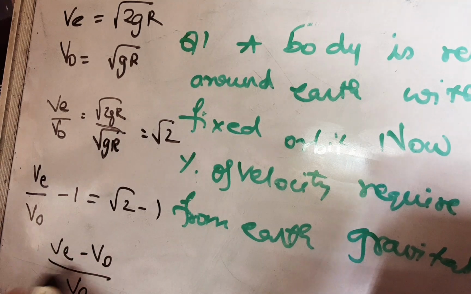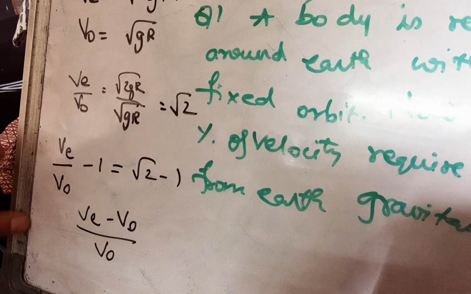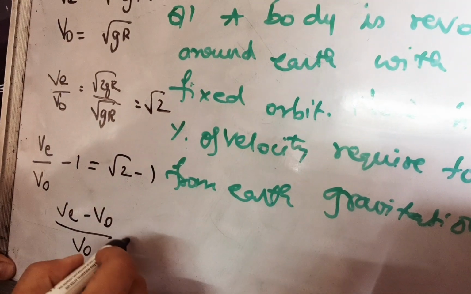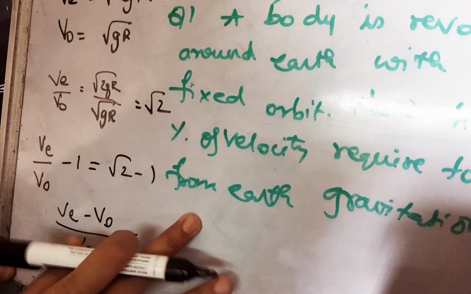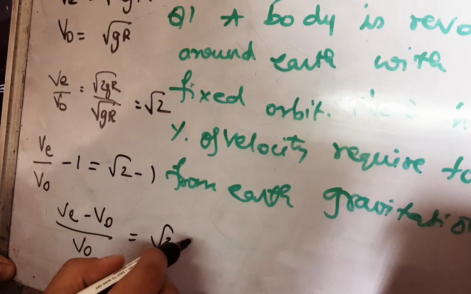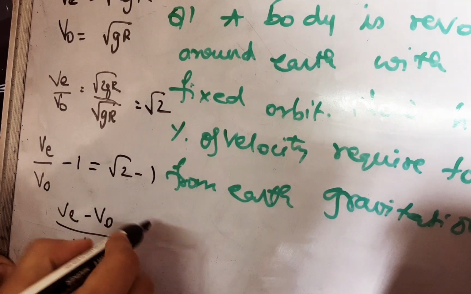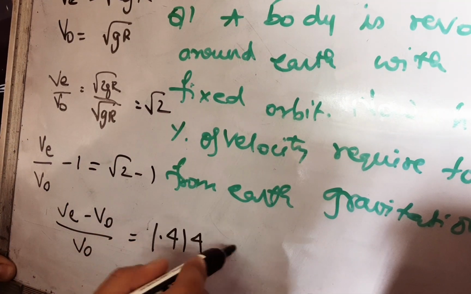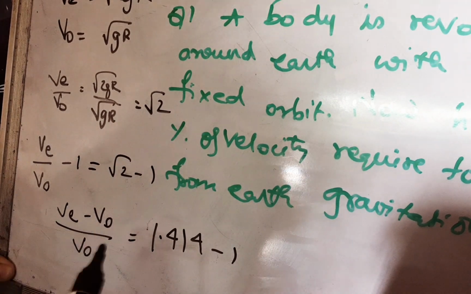This will be a fraction only, no? How much fraction divided by the original value is equal to root 2 minus 1. I'll keep it as root 2 minus 1 only. Or else you can write 1.414 minus 1.